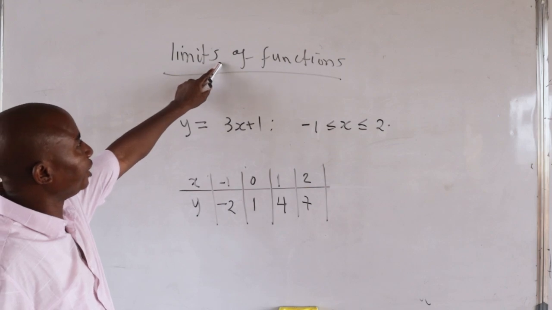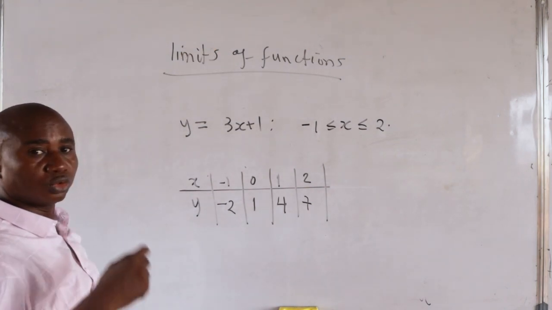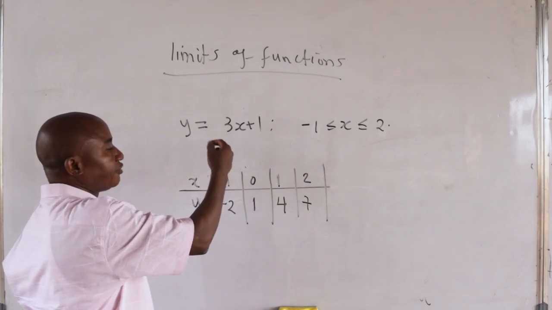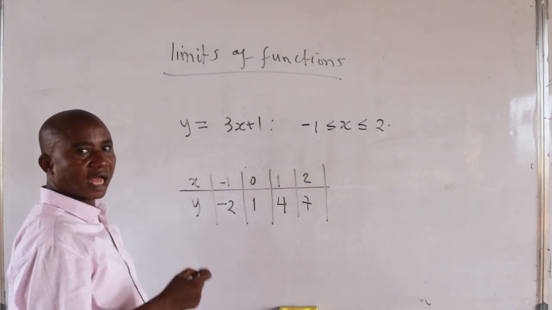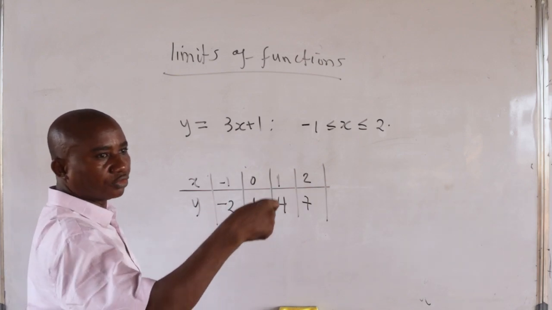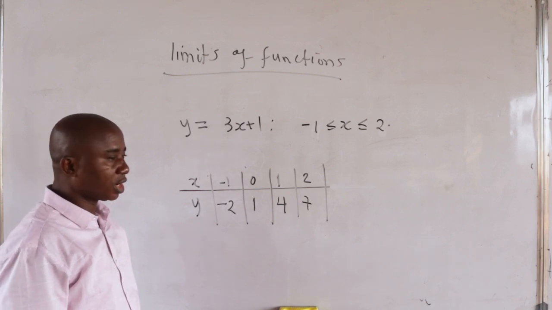The concept of limits of functions is we want to know what happens to the images of a given function f as the values of x approach a certain element of the domain of that function. I don't know whether this is clear.